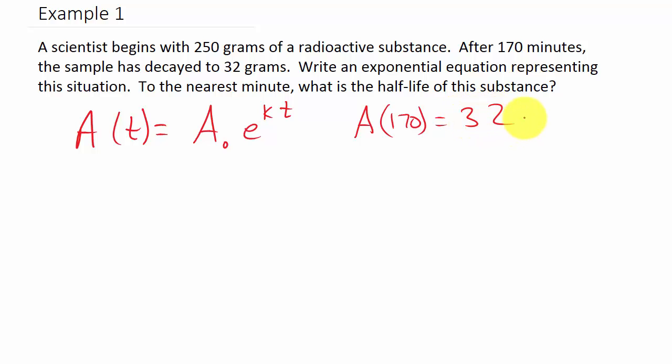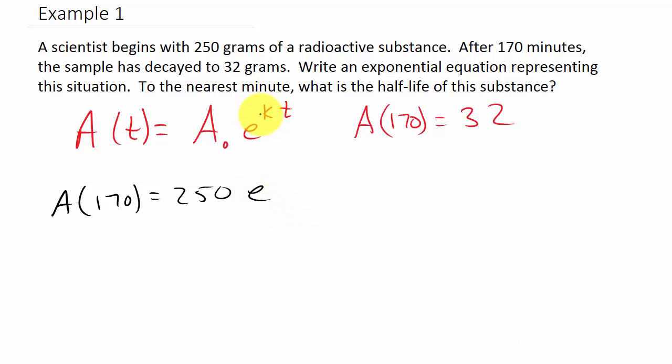So let's plug everything in and see what happens. So I have A of 170 is equal to A sub 0, which we know is 250. That's the initial amount. Times e.